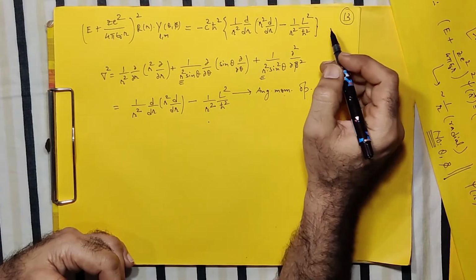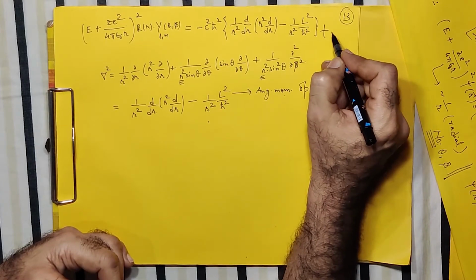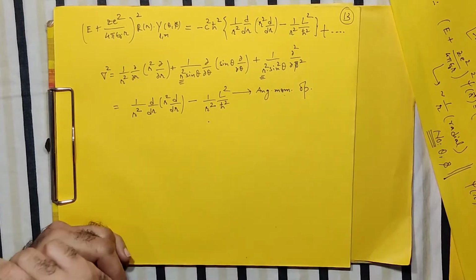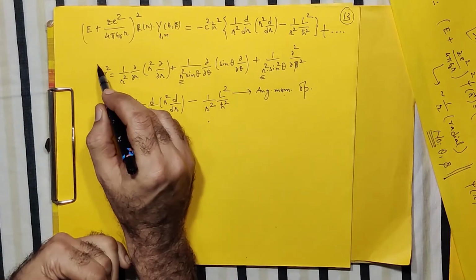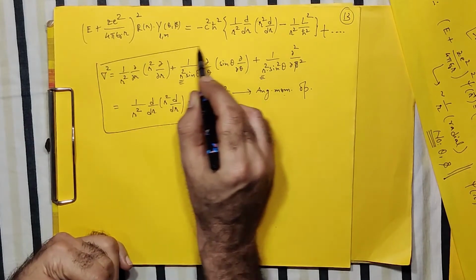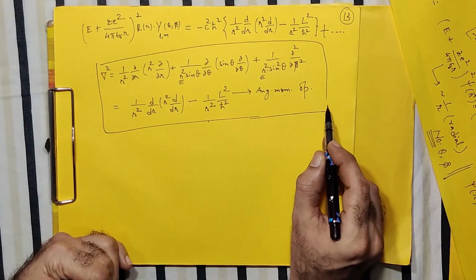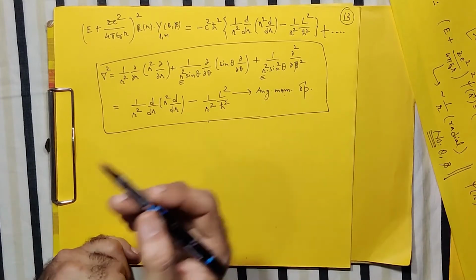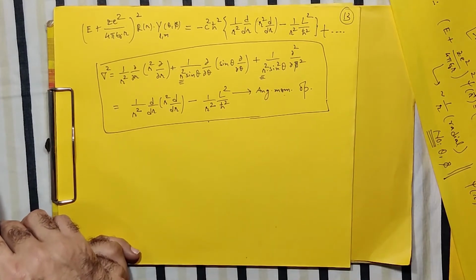So this is my first term, plus the second term, and everything psi will be this. So basically I have used this property of nabla square and substituted here, and the only thing now left is to simplify it.